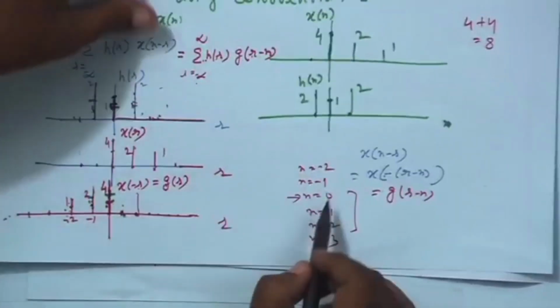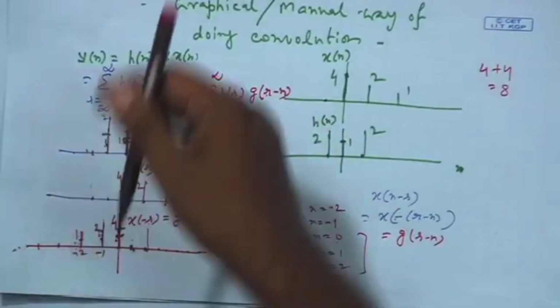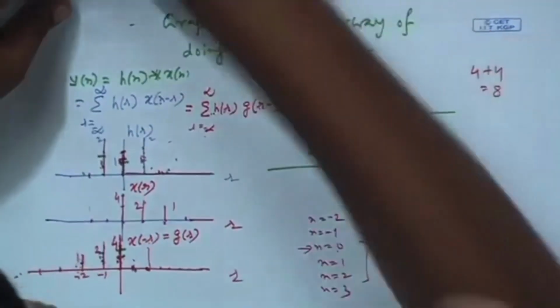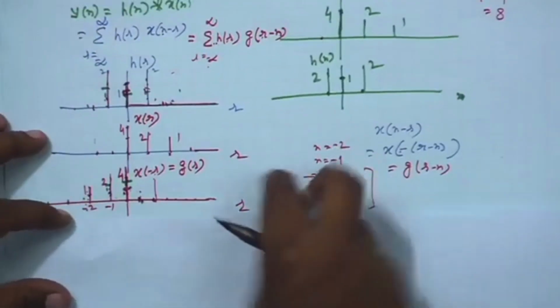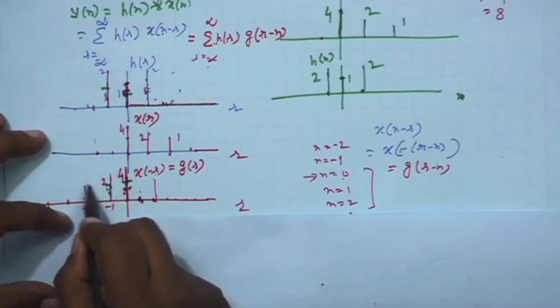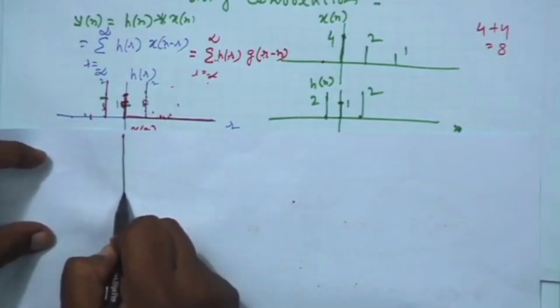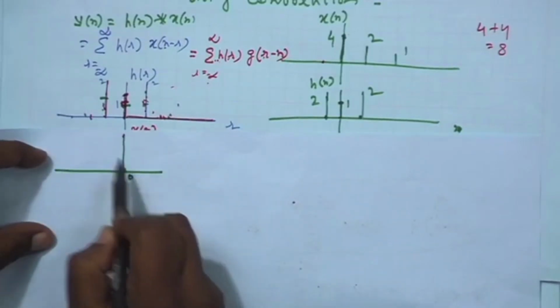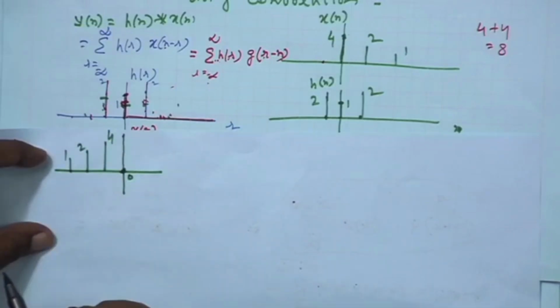For the negative side of n, minus 1, minus 2, minus 3, if it is minus 1, it will be gr plus 1. So gr is to be shifted back by 1. Then I have to see the overlap and multiply. This you can carry out. If gr is shifted back, this 0 will come here, 4 will be here, 2 will go, 1 will go. So 0 comes here, 4 comes here, 2 comes here, 1 comes here, and 0, 0, all these zeros.